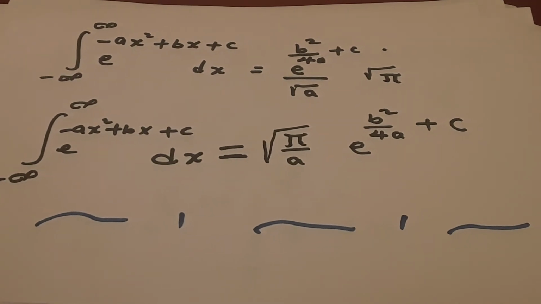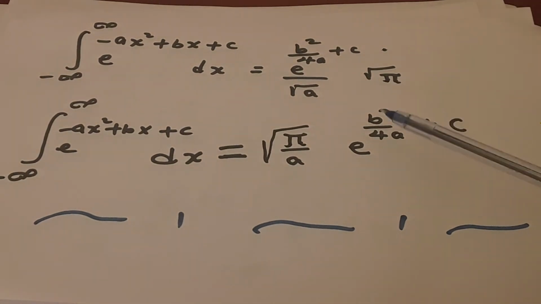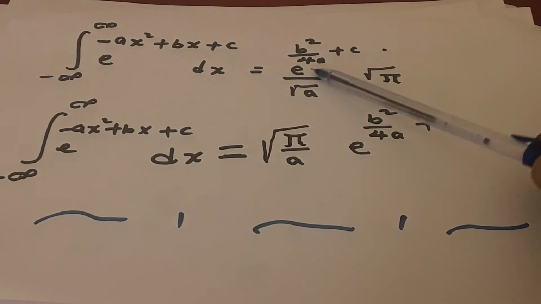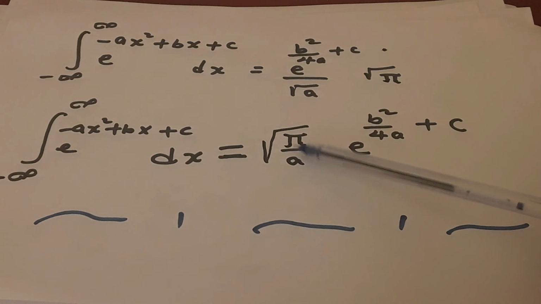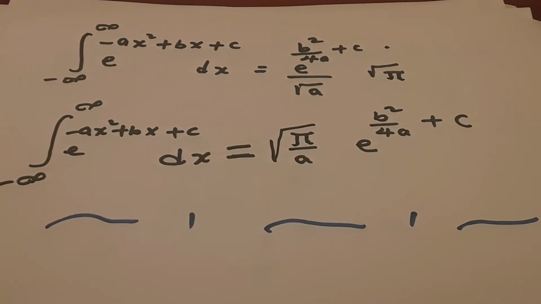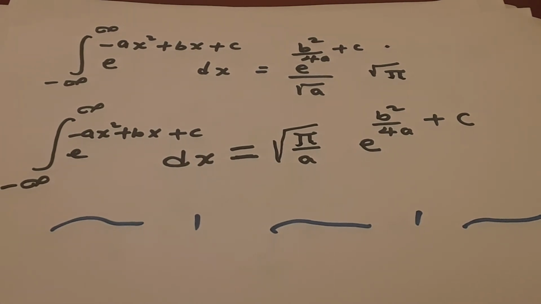So finally we have e raised b squared over 4a plus c, then square root of pi over square root of a, so that the integral from minus infinity to infinity of e raised minus a x squared plus bx plus c dx is square root of pi over a, times e raised b squared over 4a plus c.